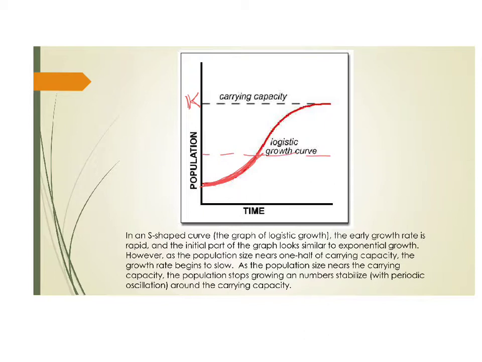The growth rate begins to slow. As the population size nears the carrying capacity, the population starts growing and stops growing, and numbers stabilize with periodic oscillations around the carrying capacity. We're going to talk about those oscillations here in just a bit. But the population growth actually slows and we begin to stabilize.